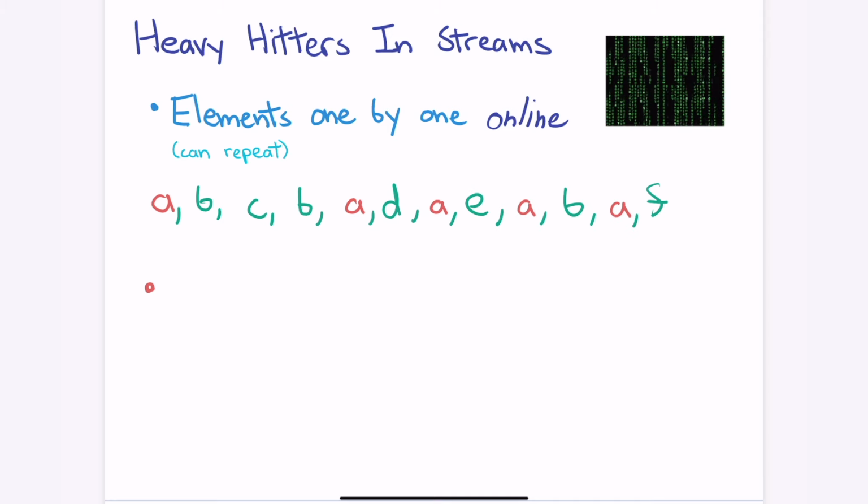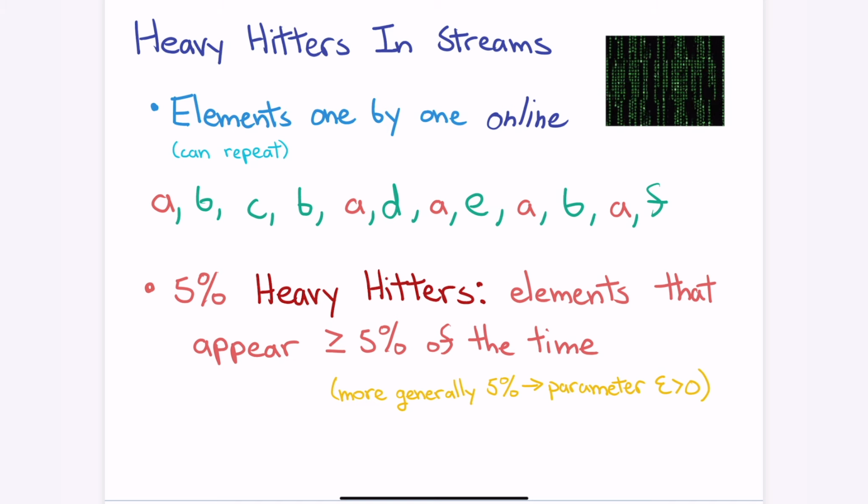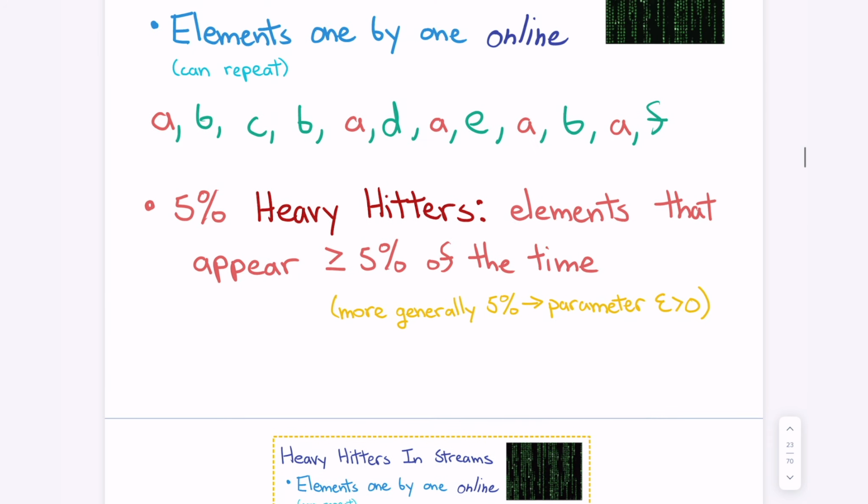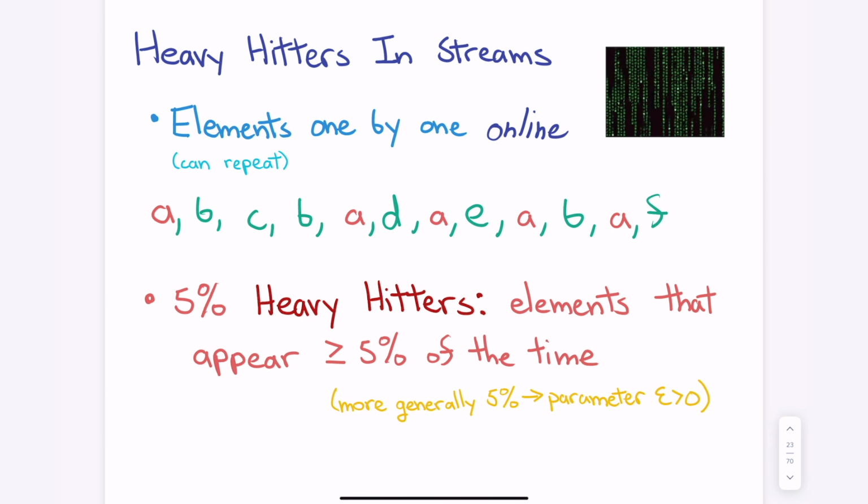As these elements pass through, you want to figure out all the elements that appear at least 5% of the time. Maybe one way to think about this though is that your computer is going to have very limited space.